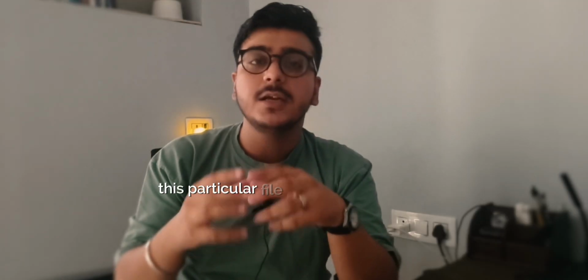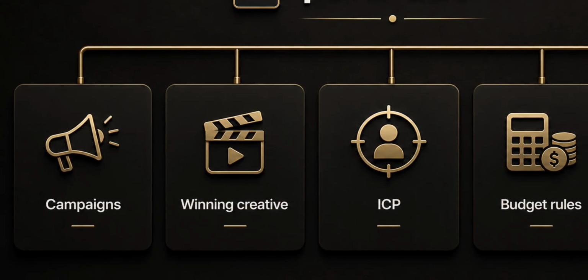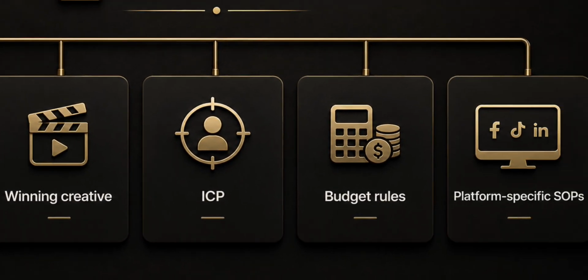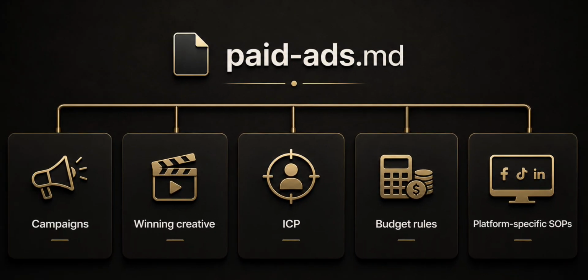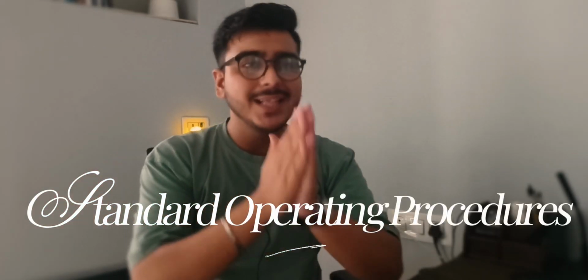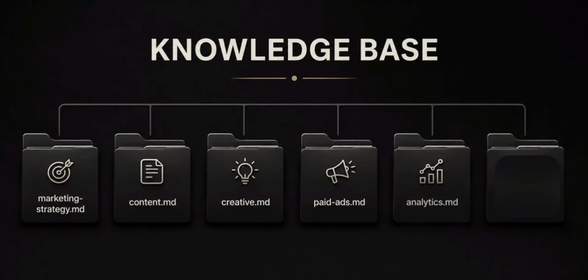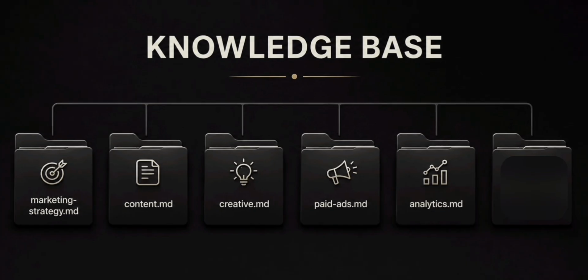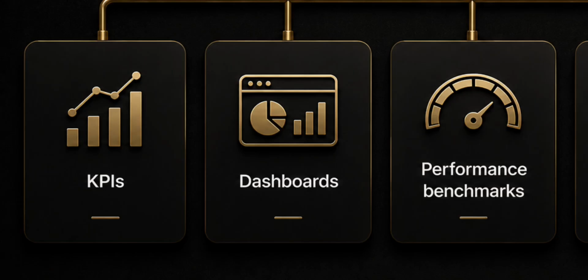This particular file contains campaigns, winning creatives, audiences, budget rules, and platform-specific SOPs, standard operating procedures. Then we have analytics.md file. This particular file contains your KPIs, key performance indicators.